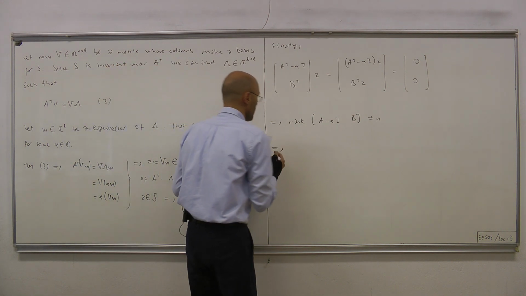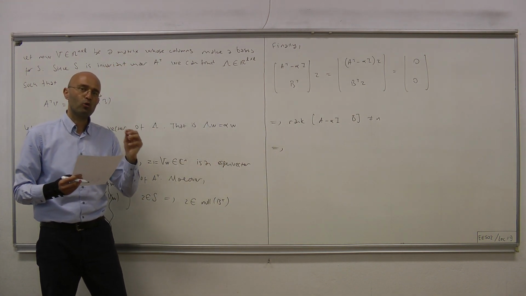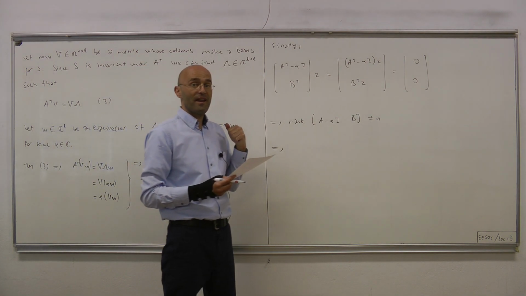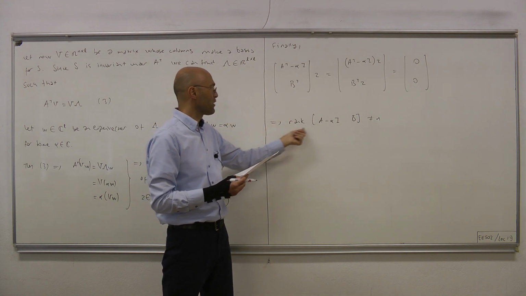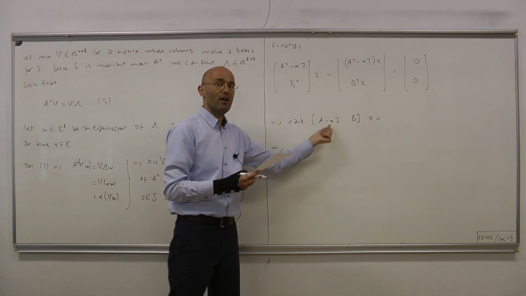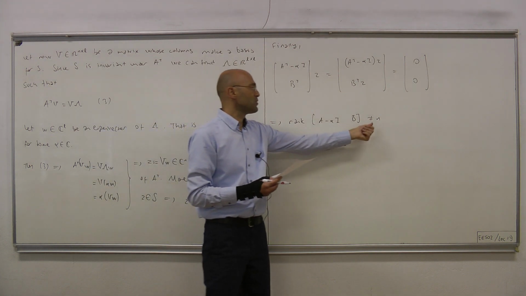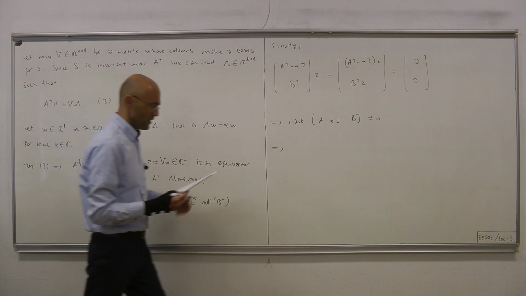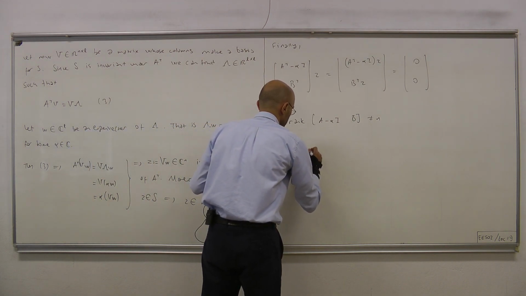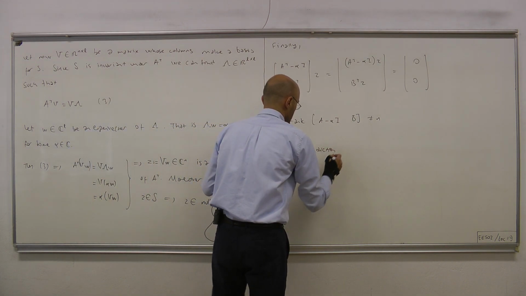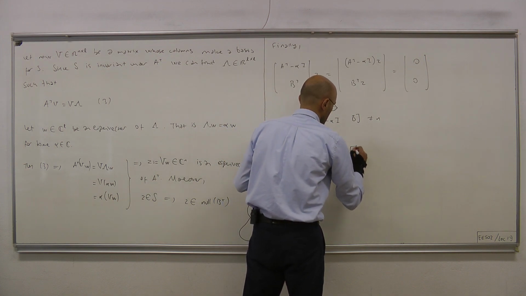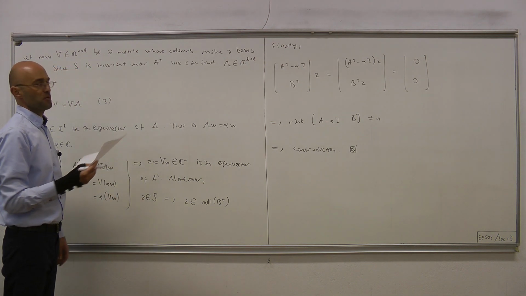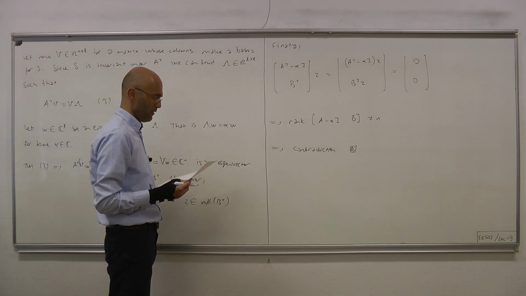So what we have obtained is the following: if the controllability matrix is of rank strictly smaller than n, if its rank is not n, then the rank of this matrix for at least one alpha is also not n. Okay, and that gives us the contradiction that we want, which completes part 2. Together with part 1, it completes the entire proof of our theorem.